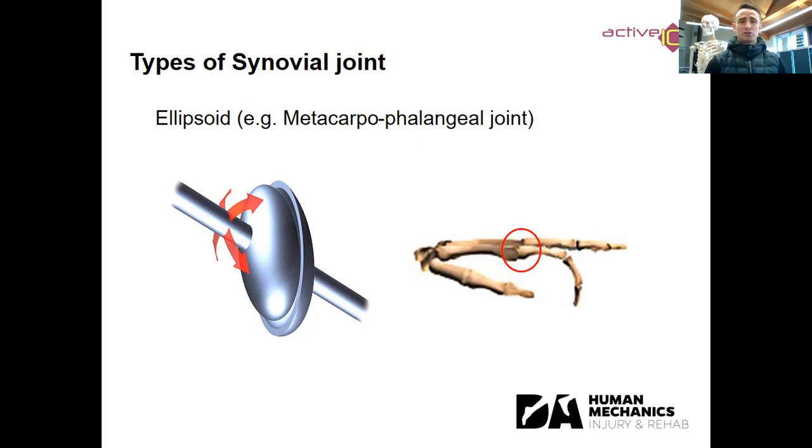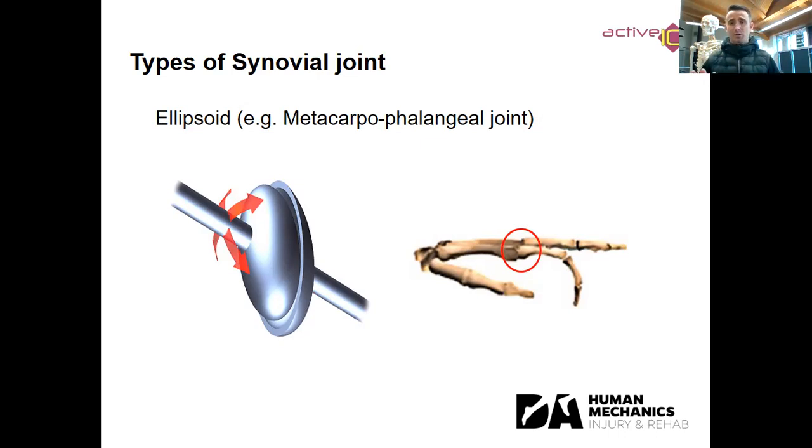So that was synovial joint number 6, the ellipsoid. So remember, when you're asked to describe some of these joints, you're looking to give detail about shapes, provide examples, and then you will no doubt be asked to provide detail associated to what movement is available there.